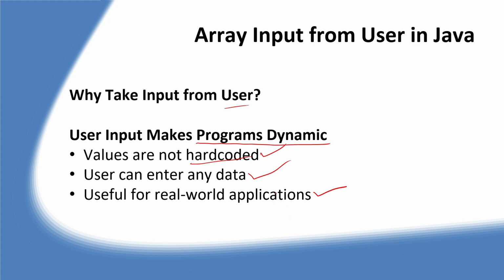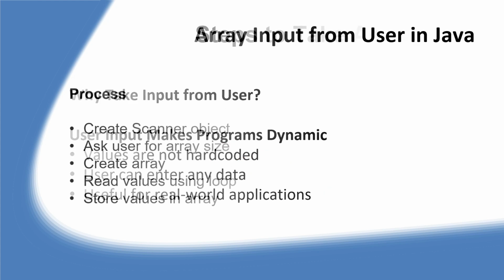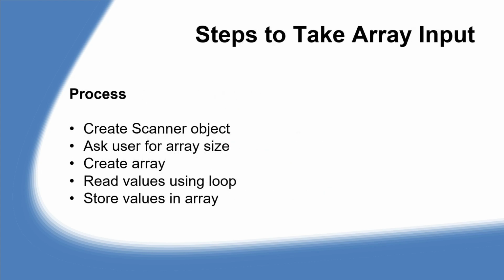So there are different steps to take array input. Taking array input involves a few simple steps. So first step is to create a scanner object. First we will import the scanner class and then we will create an object of the scanner class, and then we will get the size of an array from the user.